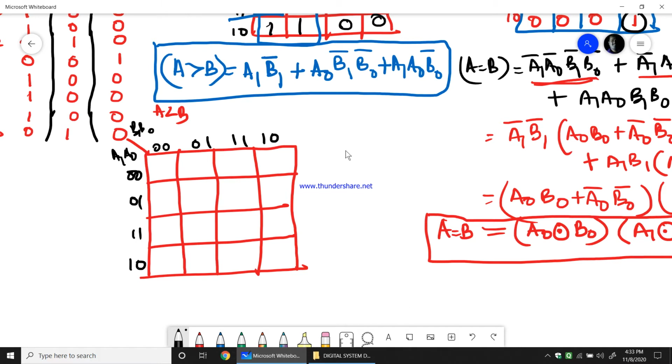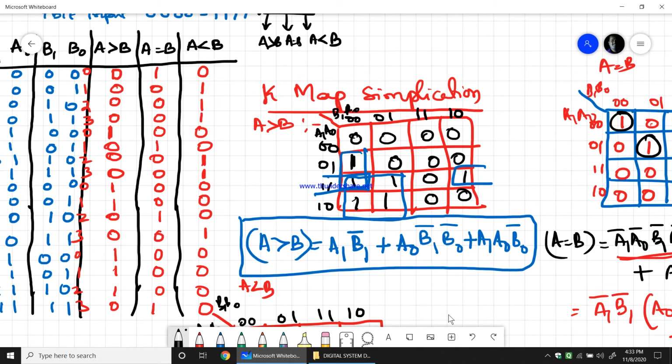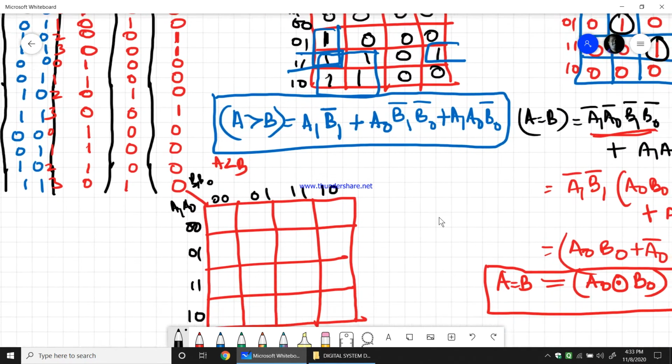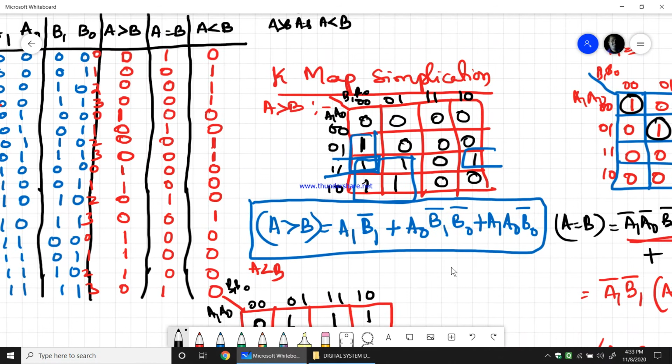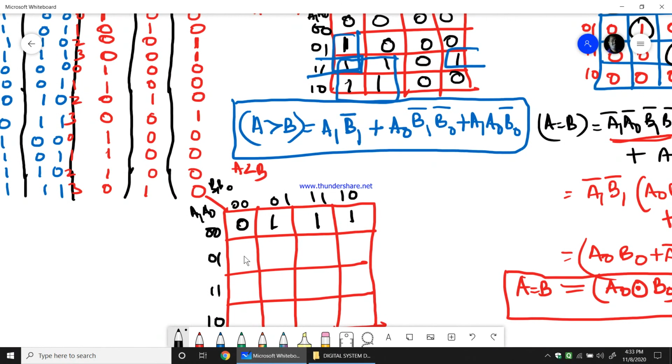Now if I go and see A less than B, 0 is 0, 1, 2, 3 are all ones. Then 4 and 5 is 0 0, 6 and 7 is 1 1, 8, 9, 10 is 0, 11 is 1, and 12, 13, 14, 15 are all zeros.